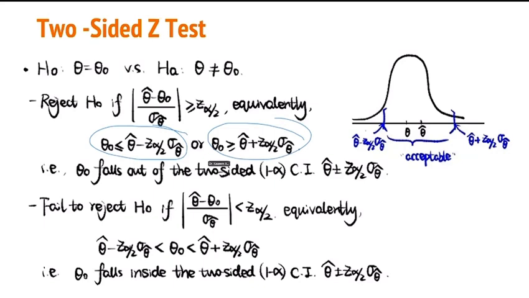Which means when theta naught is less or equal to theta cap lower, or it is greater or equal to theta cap upper, that is where we're going to reject.